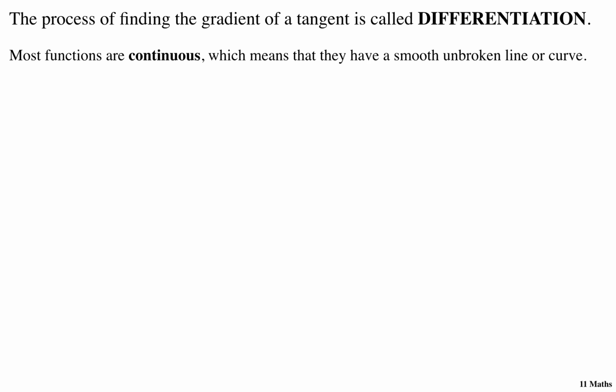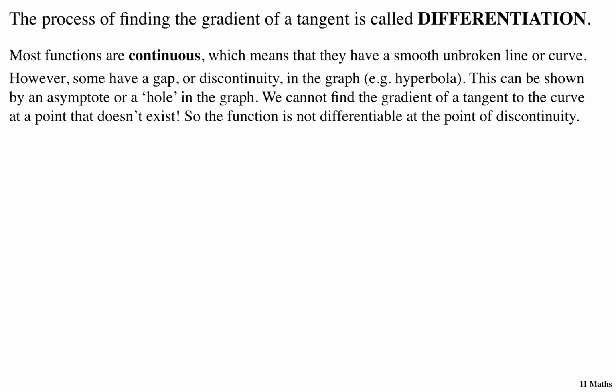Now, most times when we graph things, they'll be nice and smooth and continuous, and they'll be okay. But occasionally we're going to come across things that we can't graph quite as nicely. One example of this would be the hyperbola. If you think of what a hyperbola looks like, you have asymptotes.